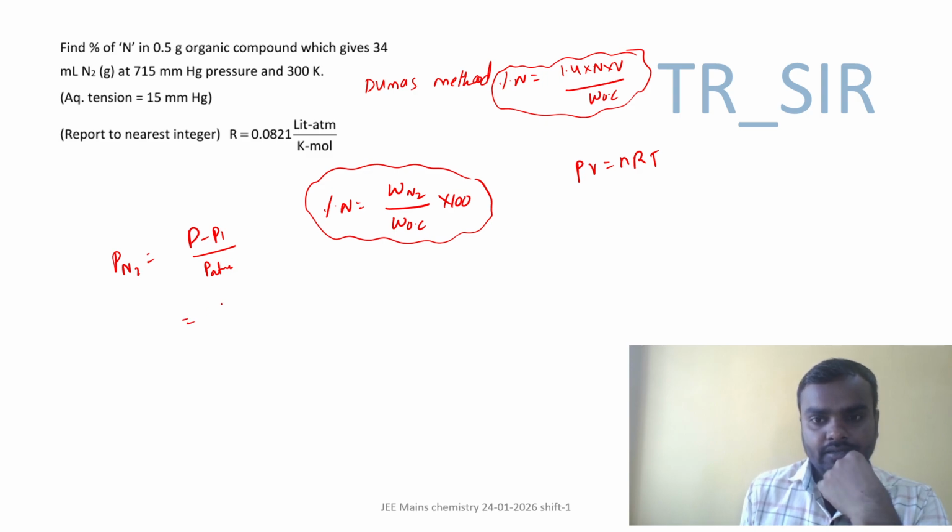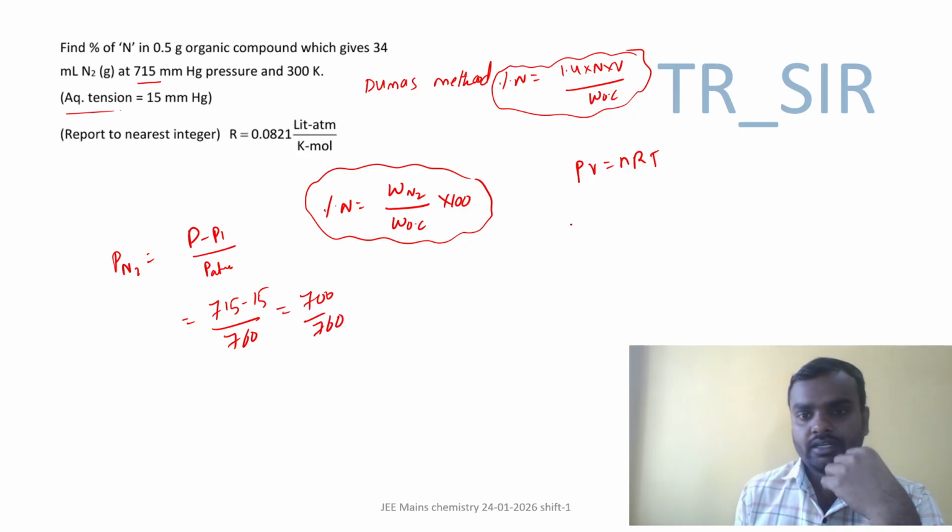So P minus P1, how much we have? P is this pressure 715, right? P1 will be the aqueous tension. So 715 minus 15 by 760 you have. So 700 by 760 you have as the pressure of N2.